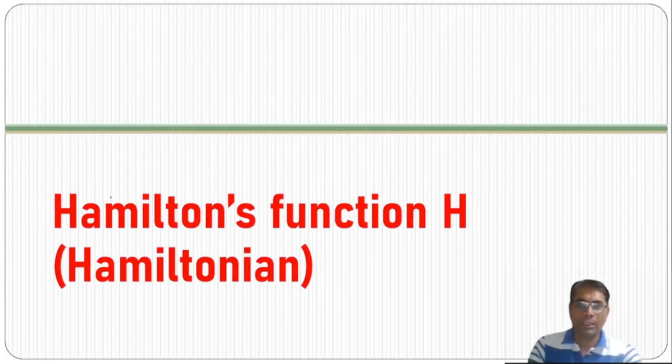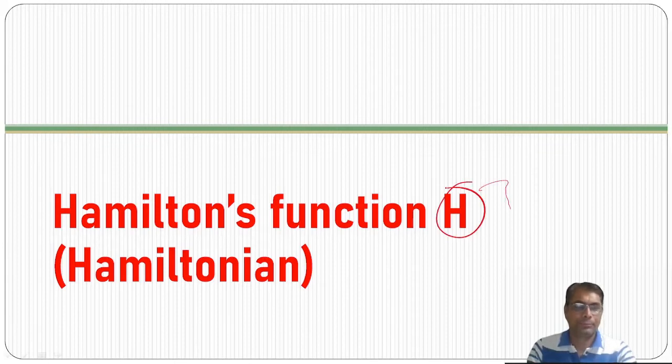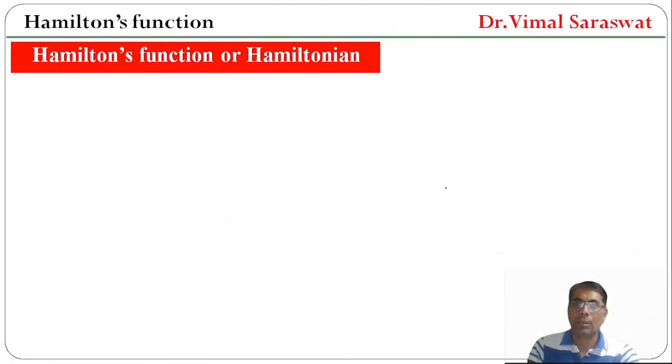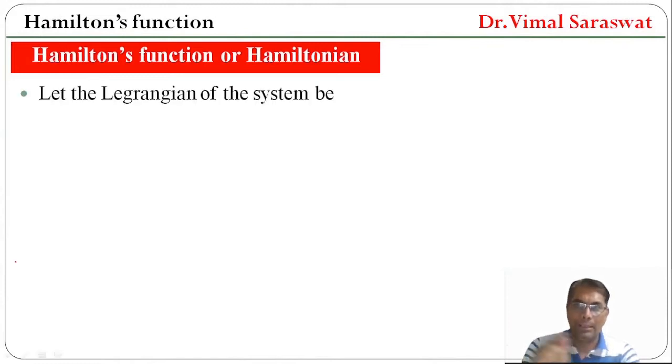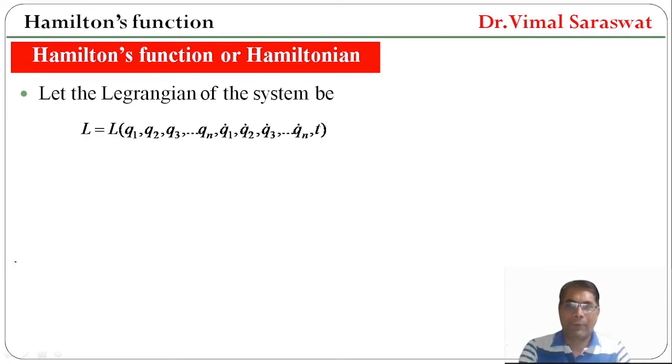So first of all, Hamilton's function, that is the Hamiltonian, which is represented by H. Let the Lagrangian of the system be L, and L is a function of q1, q2, q3, ..., qn, q1 dot, q2 dot, q3 dot, ..., qn dot, and t.